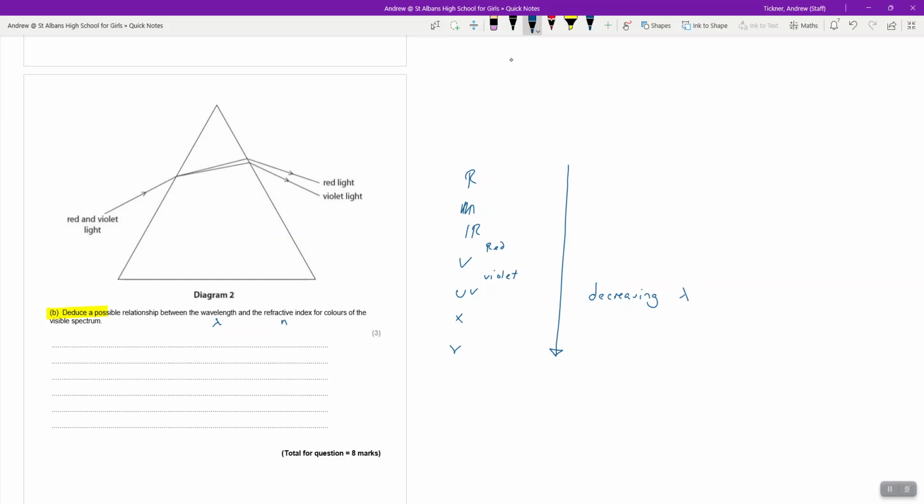That's our first thing that we're going to take from our knowledge of the EM spectrum: red has a larger wavelength, and it is refracting less.